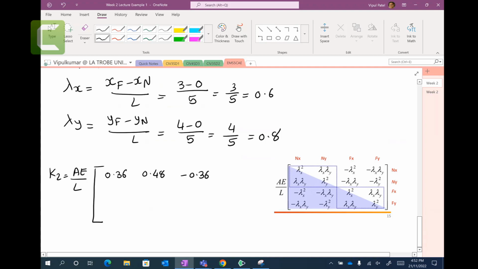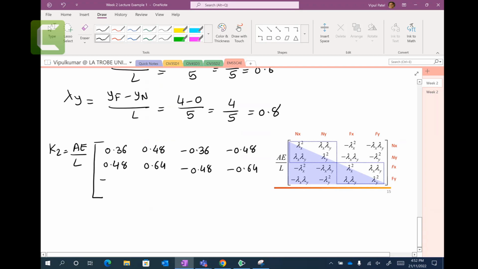Minus 0.36. Okay, this is not like minus 0.6 square. No, it is not positive. Okay, just be careful there. And minus 0.48. Then 0.48, lambda y square, 0.64. Minus 0.48 and minus 0.64.